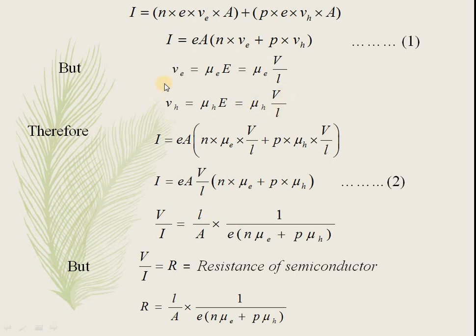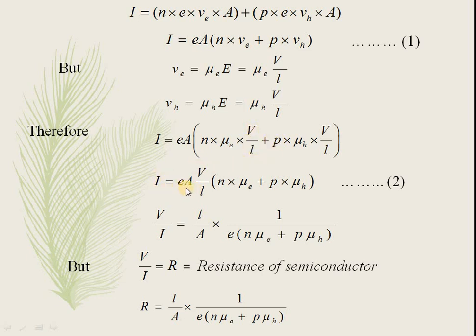Putting the values of v_h and v_e in equation 1, we get I is equal to e A (n mu_e V divided by L plus p mu_h V divided by L). Again here V by L is common, so we take it outside the bracket.